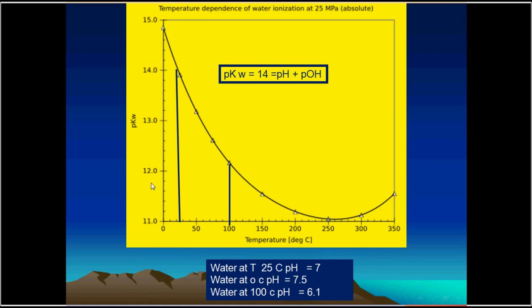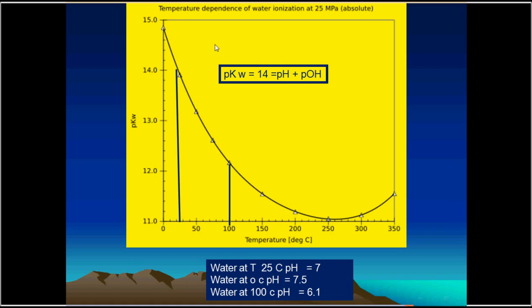Again, back again to the dissociation constant of water. We have mentioned that at 25 degrees centigrade it is 14. This is at room temperature. This means that with any change of hydrogen or hydroxyl group, the summation of the two will be 14, whatever you add. If I add an acid, the hydrogen ion will increase.